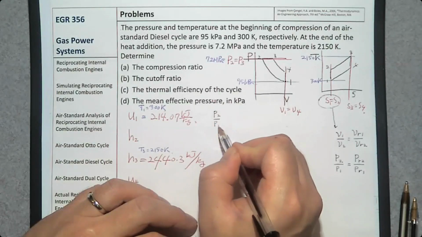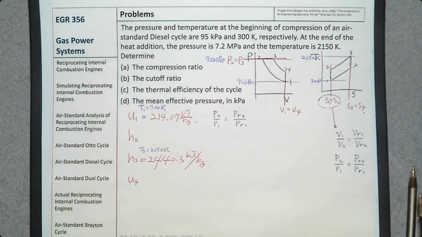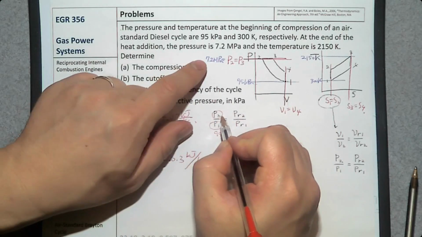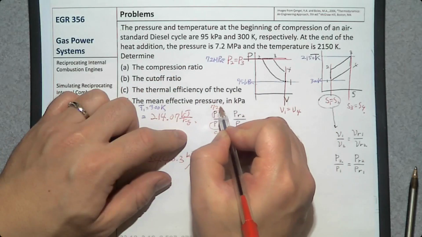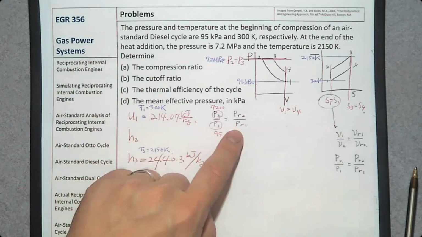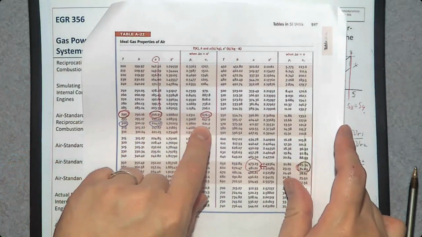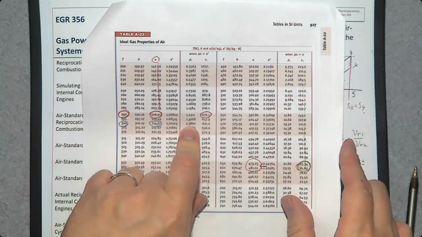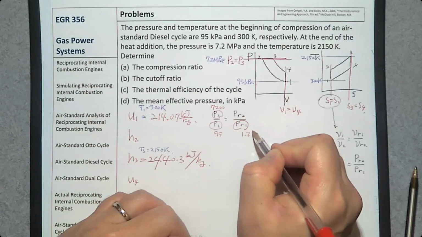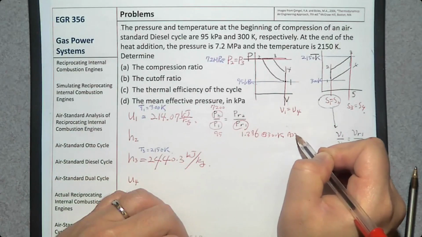Do we know Pr1? We do not know, but we know temperature. So let's find Pr1 at 300 Kelvin. At 300 Kelvin, Pr is 1.386 from table A22.